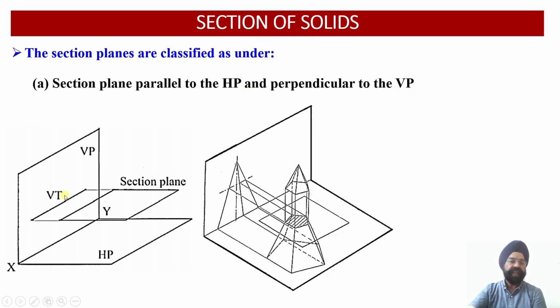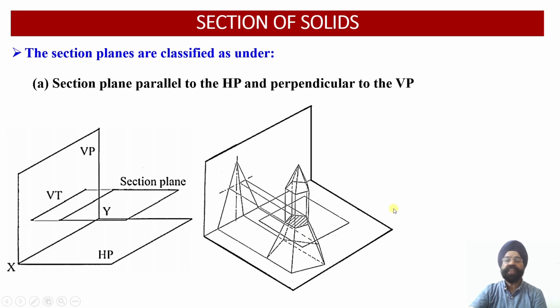So just see, this is our horizontal plane, this is our vertical plane. So we can cut open the solid while my cutting plane will be parallel to the horizontal plane. This is the example you can see, because in this subject we are going to discuss the traditional solids, maybe prisms, maybe pyramids, or circular objects like cone, or you can have cylinders over there.